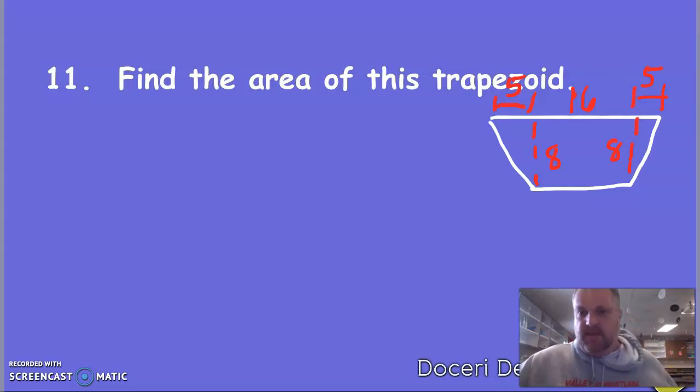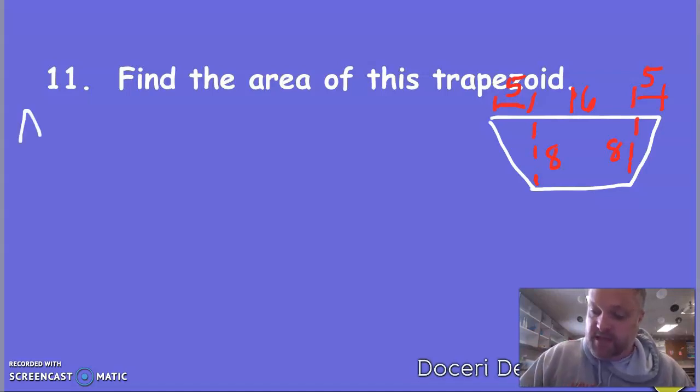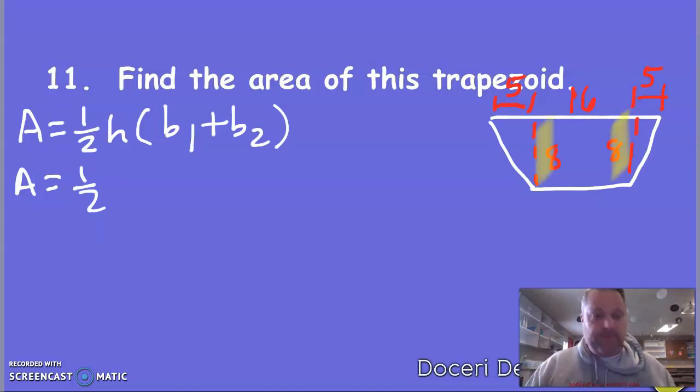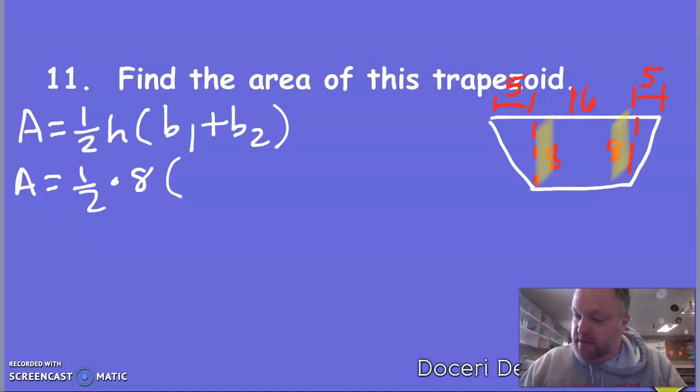So remember to write down the area formula for a trapezoid, which is A equals 1/2 times the height times base 1 plus base 2. So A equals 1/2 times the height. Remember, the height are either of these. They're both the same. So in that case, I will be using 8. And then in the parentheses, base 1 is this top area here.